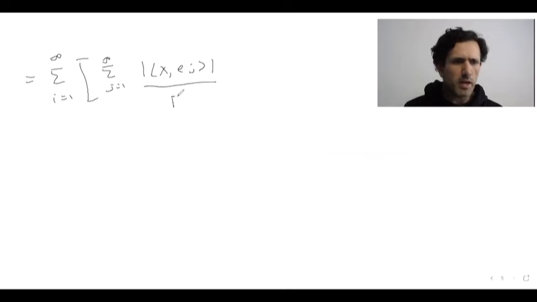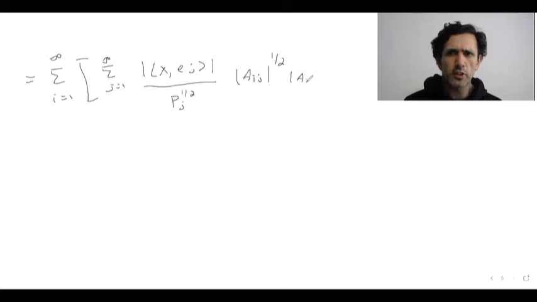I'm going to divide by pj to the 1/2, so I have to multiply by it too. As I mentioned, I'm going to use a clever Cauchy-Schwarz inequality, actually two of them. So I'm writing modulus aij as modulus aij to the 1/2 times modulus aij to the 1/2, and I want the pj's to cancel, so it's pj to the 1/2, pj to the 1/2.